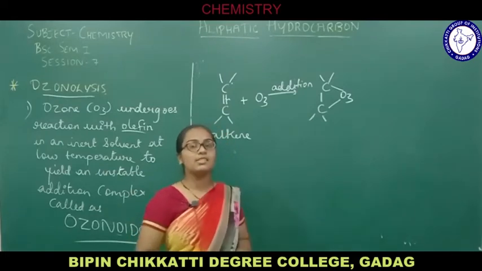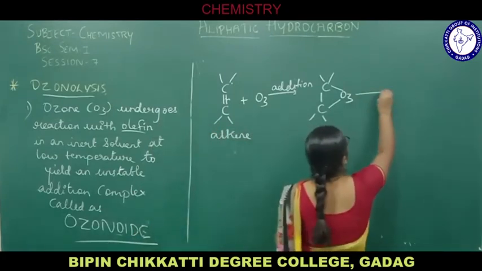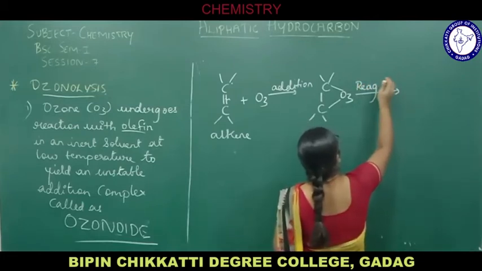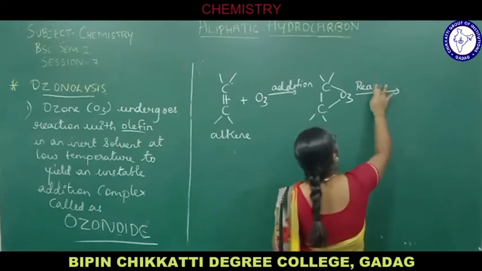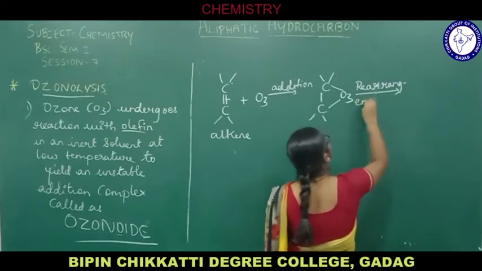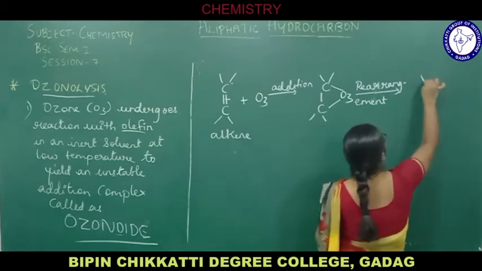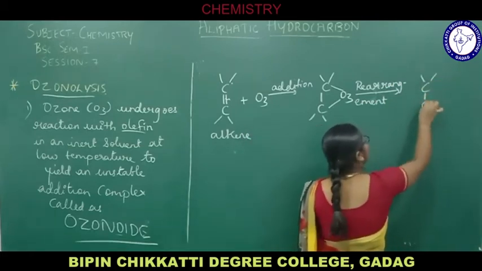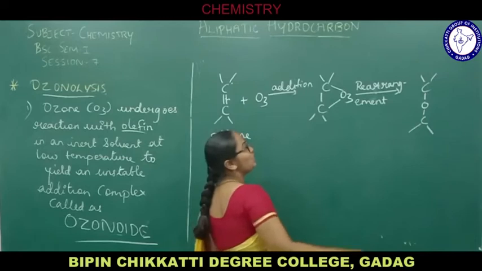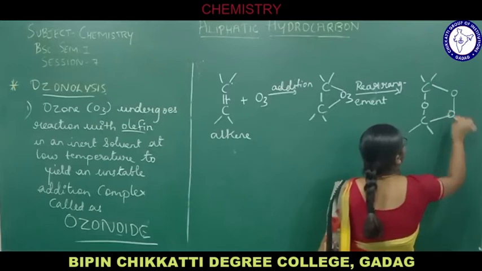So in this rearrangement, one oxygen atom will go and get combined between this carbon-carbon bond, and another 2 oxygen atoms will get combined in this manner.